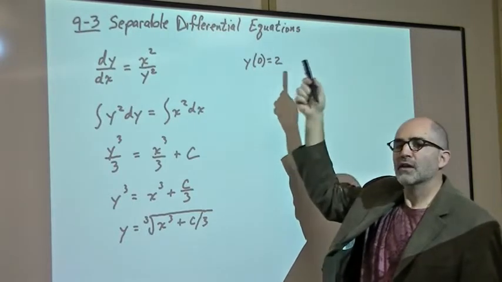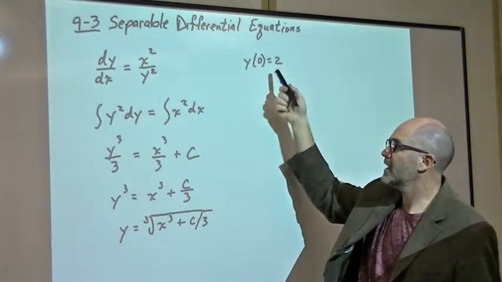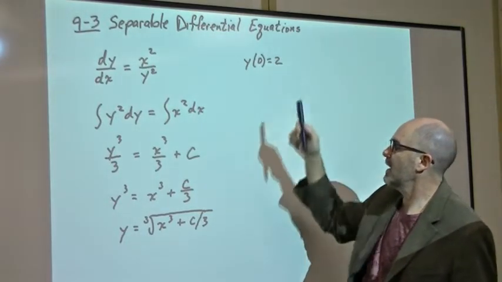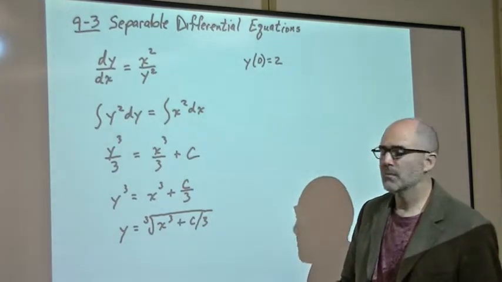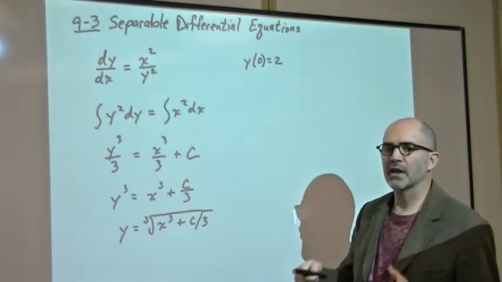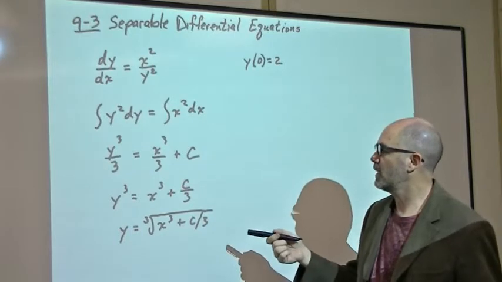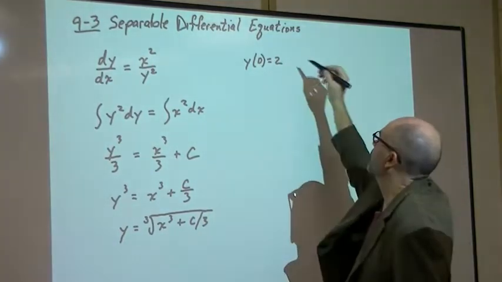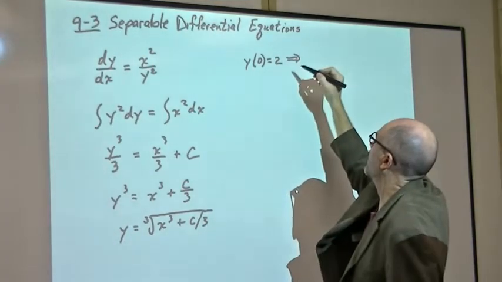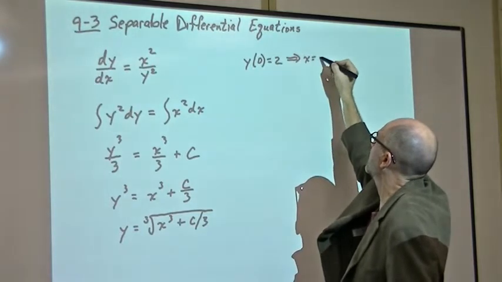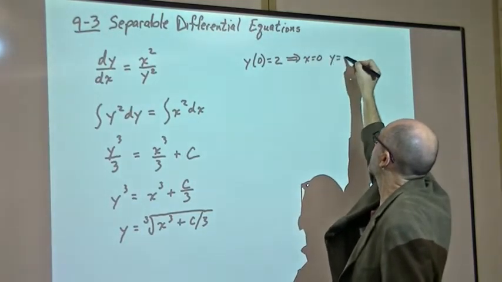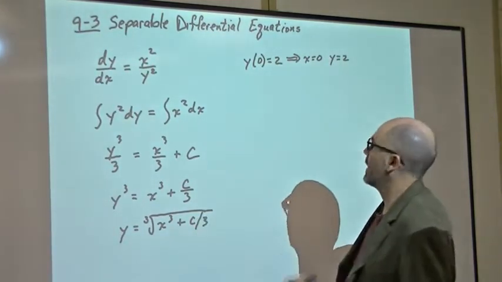If you give us one single point, then we can get one single solution because c will be a strictly defined quantity. So if y of 0 equals 2, that means x equals 0 when y equals 2. So we're going to plug that in here.